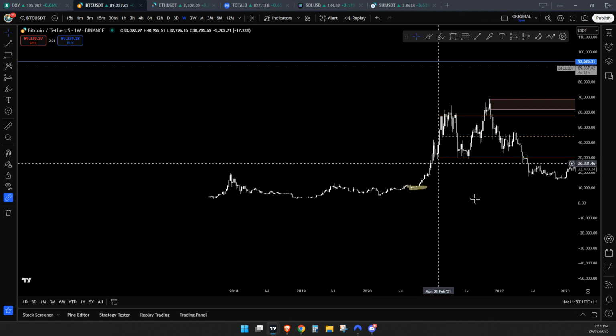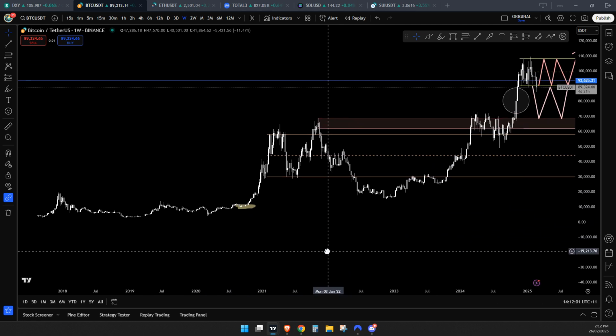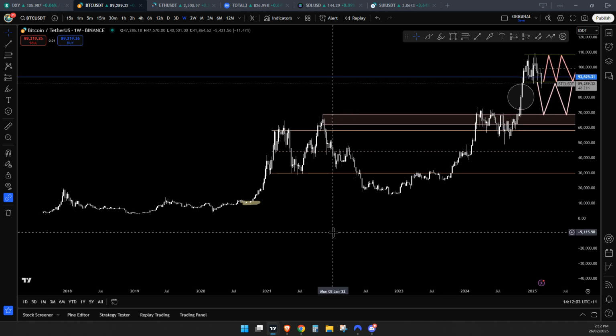And what I mean by that is this was one cycle and this was two cycle, and the time frames were correct. The time frames weren't lining up because of the BTC halving, right? The BTC halving is going to push Bitcoin up regardless to a certain extent, but then you need the market to take over. You need liquidity to come in to extend and actually create that ridiculous bull run.